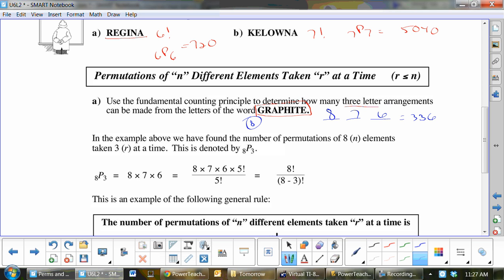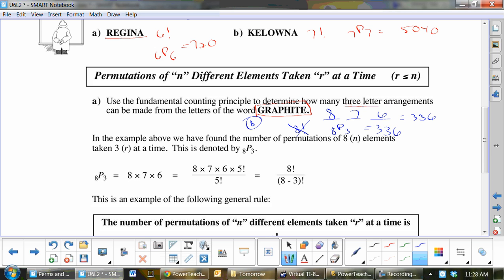Now, 8 factorial would not work for this one. Do you see that? Only when I'm picking 8 out of those letters. But this would be 8p3. So just try that in your calculator. 8p3. And you'll get it too.